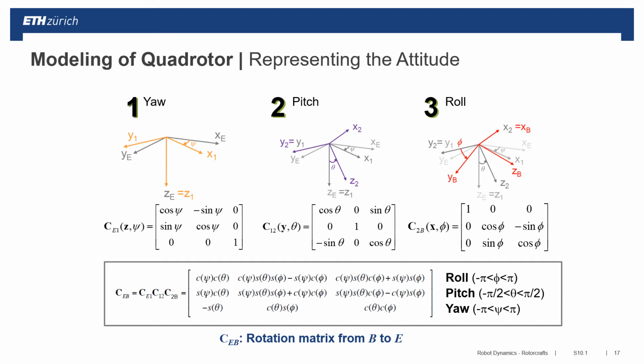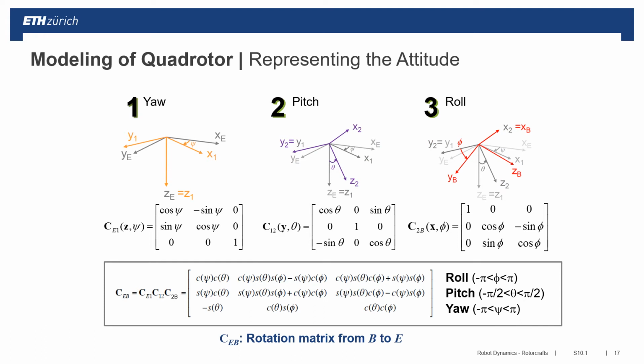In order to establish the dynamic model of the rotorcraft, you have to find the relation between the Earth coordinate system and the body coordinate system. This is typically given by three rotations around three different axes. In the context of rotary wing, but also fixed wing, these axes are typically selected as follows. First, you have a yaw rotation.